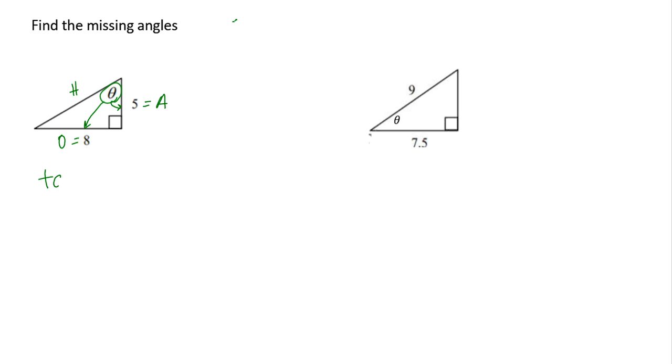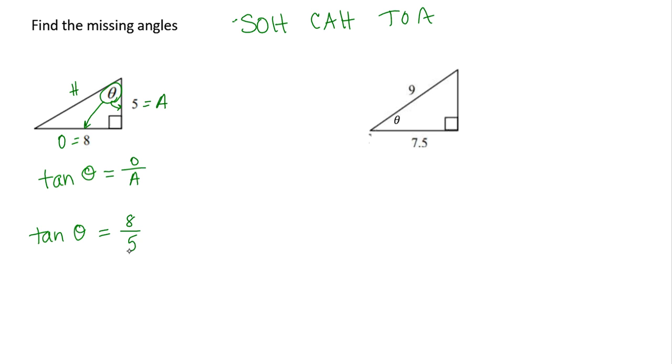So since the tangent of theta, according to SOHCAHTOA, deals with the opposite divided by the adjacent, we're going to say tangent of theta equals 8 over 5. So to solve for theta, you change it to inverse tangent and then type in that fraction.